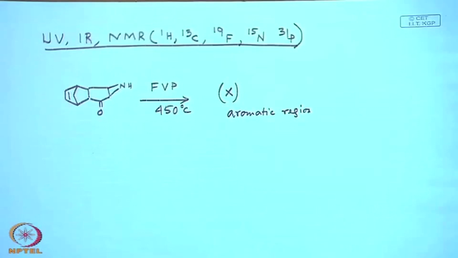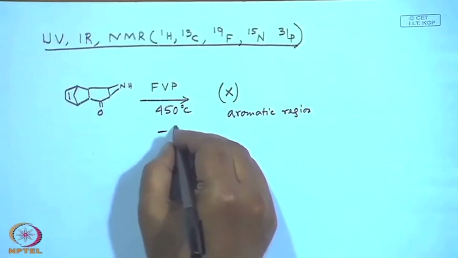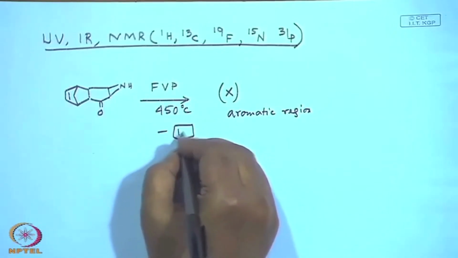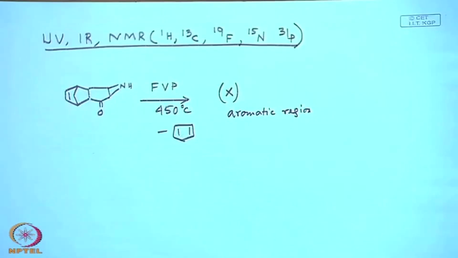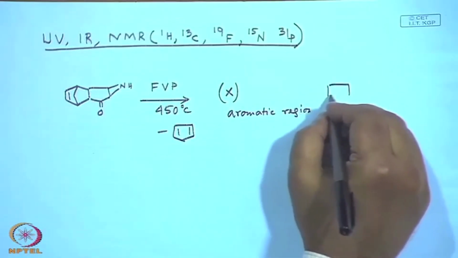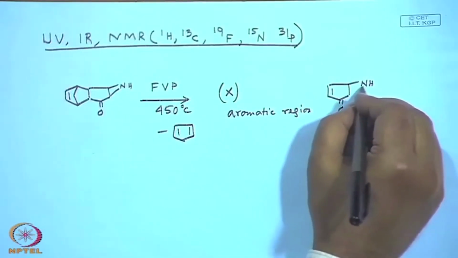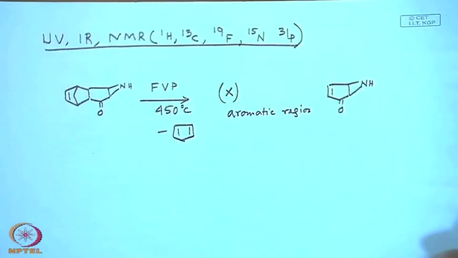One thing I can tell you is that flash vacuum pyrolysis expels cyclopentadiene, a reverse Diels-Alder reaction. So one would expect that the product should have been this one, cyclopentinoaziridine.